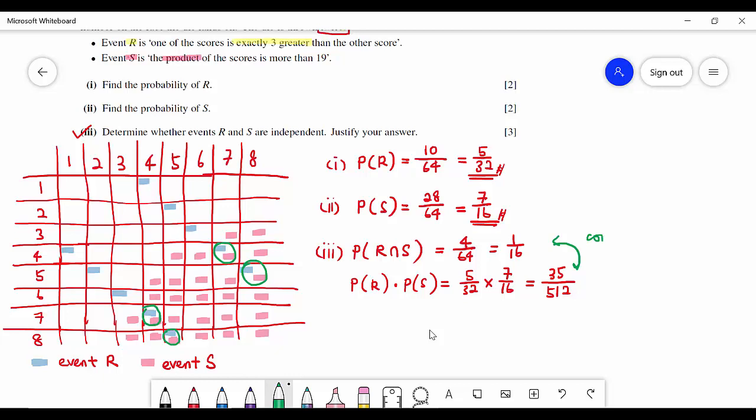You will realize that these two values are actually not the same. So you can write out the reason: since the probability of R intersect S is not equal to the probability of R multiplied with the probability of S, therefore R and S are not independent.